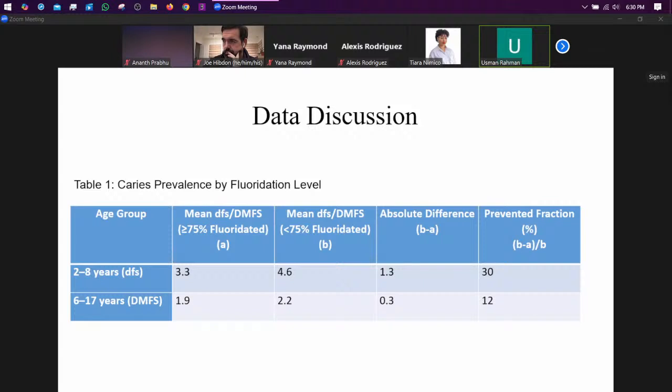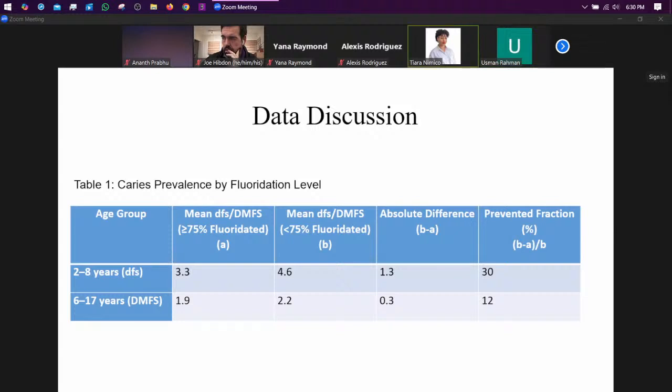In areas where over 75% of the population has access to fluoridated water, the mean DMF values are significantly lower. For children aged 2 to 8, the mean is 3.3 in fluoridated areas compared to 4.6 in non-fluoridated areas. For adolescents aged 6 to 17, the mean is 1.9 in fluoridated areas versus 2.2 in non-fluoridated areas.